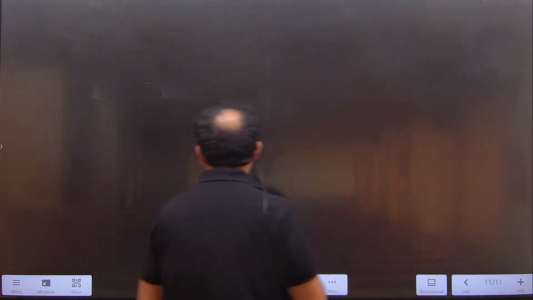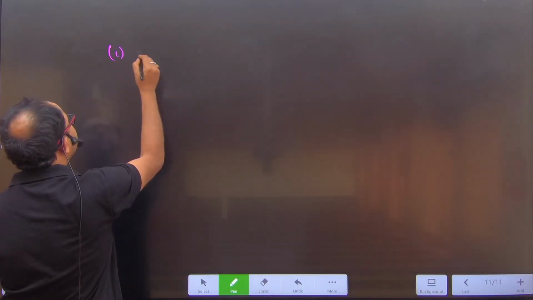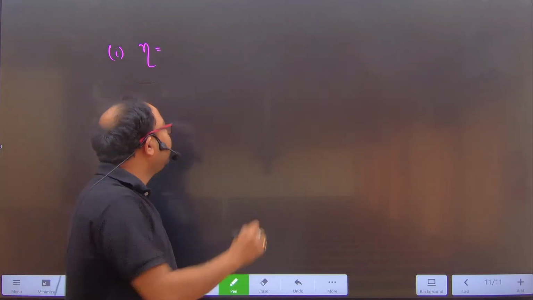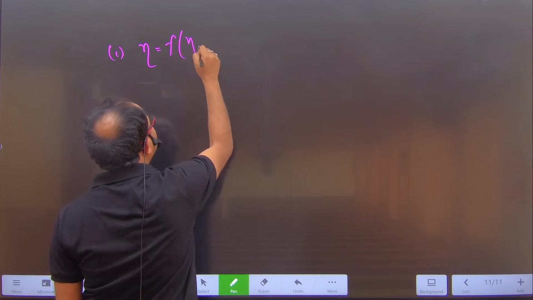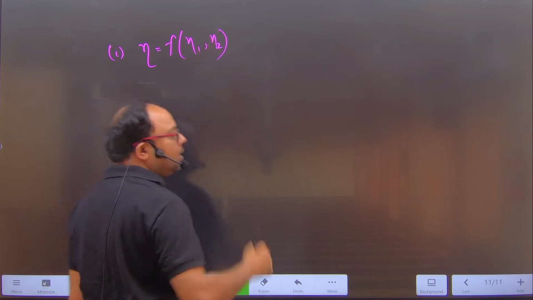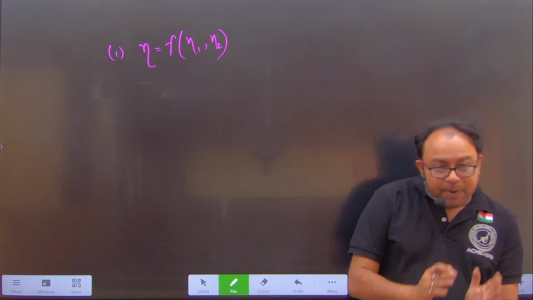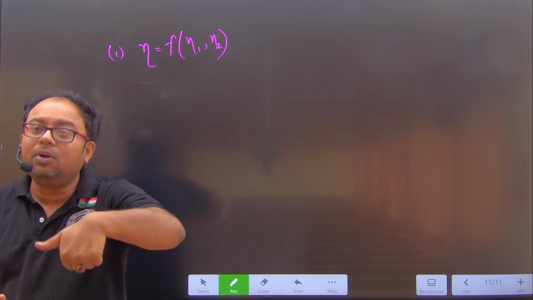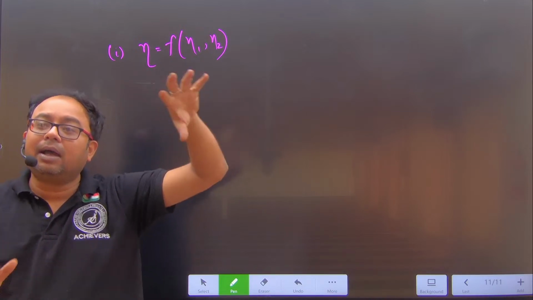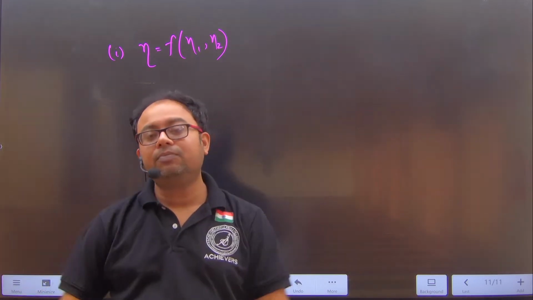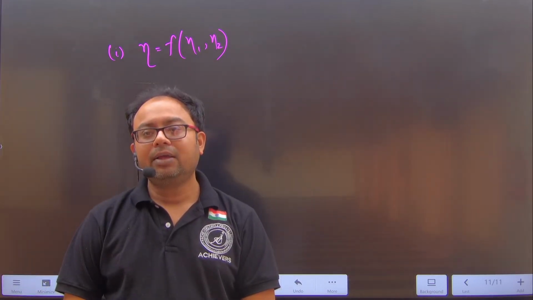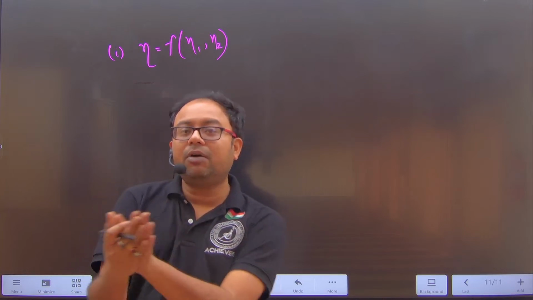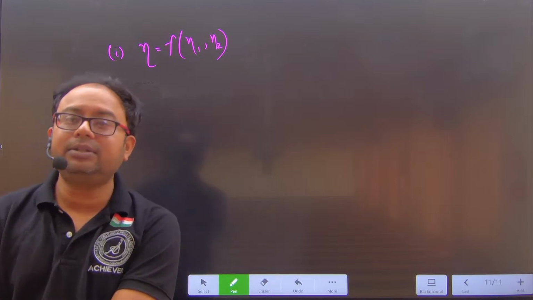Our first question is, you have to express eta, that means the efficiency of E, as a function of eta 1 and eta 2. That means you have to express the efficiency of the combined engine in terms of the efficiencies of the component engines, E1 and E2.